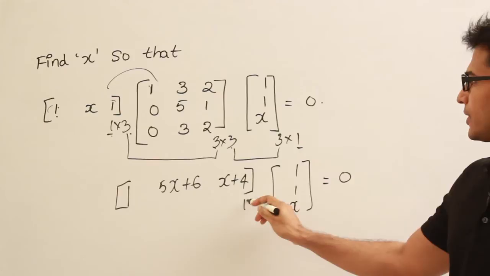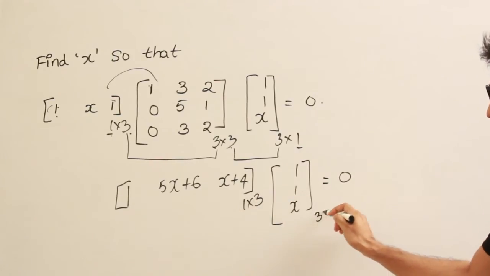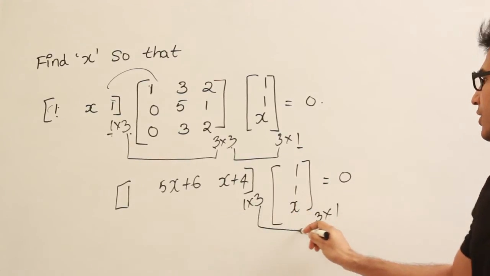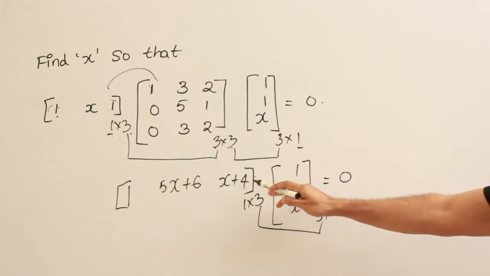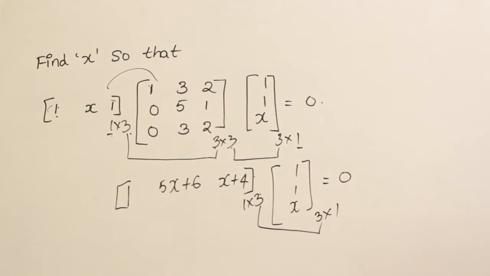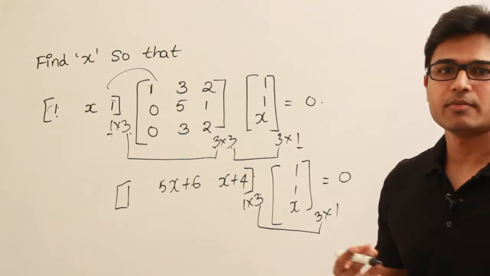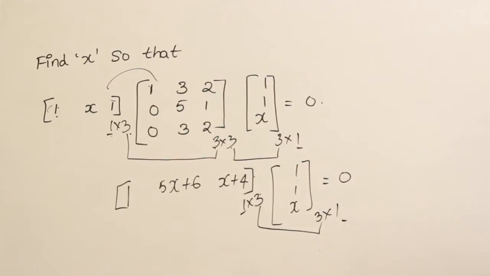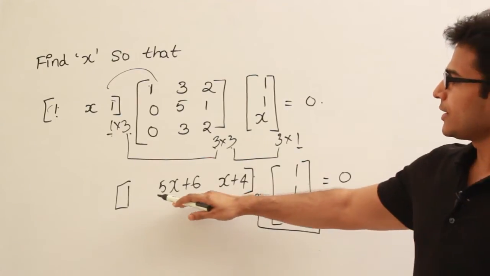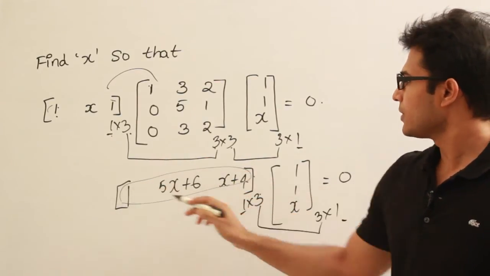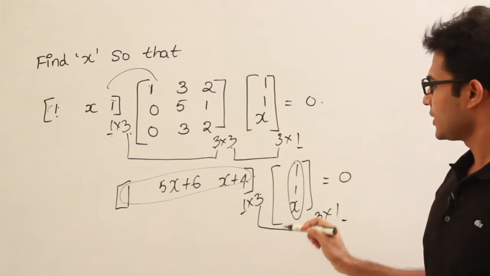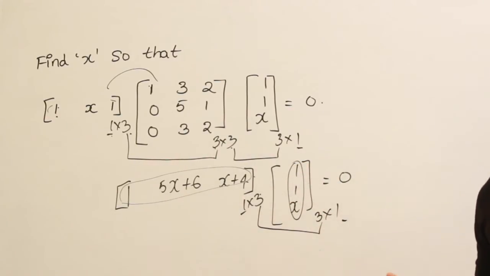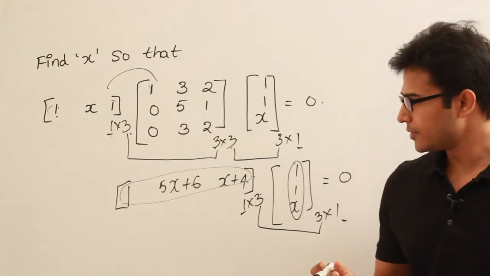Now it is a 1 by 3 matrix and it is a 3 by 1 matrix, and obviously they are conformable, which means the number of columns in this one and the number of rows in this one are equal, so I can multiply them. They are conformable for multiplication, and the result is going to be a 1 by 1 matrix, right? So 1 by 1 means we have to directly take this row and multiply with the corresponding elements in the column, sum them up, and consider the entire thing as a single element, right?